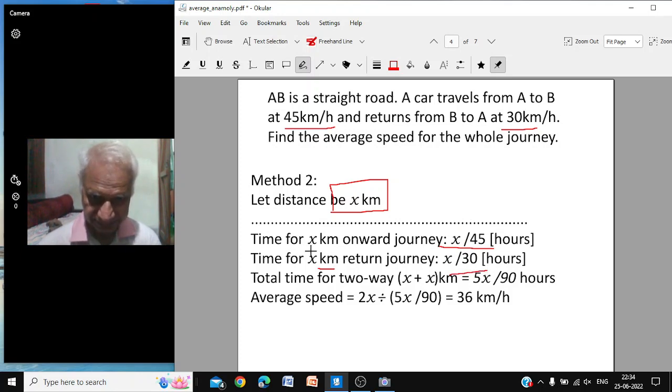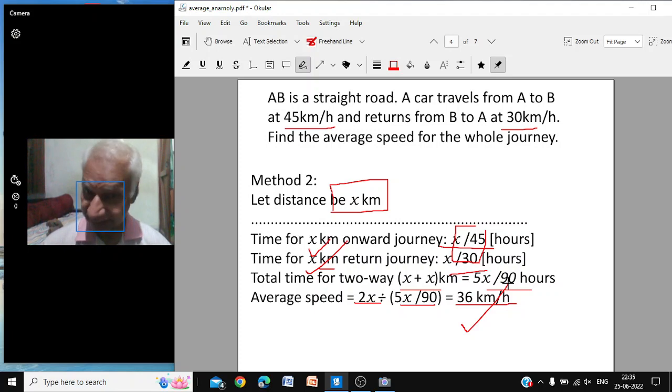Total distance is x forward, x return, total 2x kilometer. And the total time, if you add x by 45 and x by 30, you get 5x by 90. The average speed is distance 2x divided by time 5x by 90, again giving you 36 km per hour. Also the correct answer.